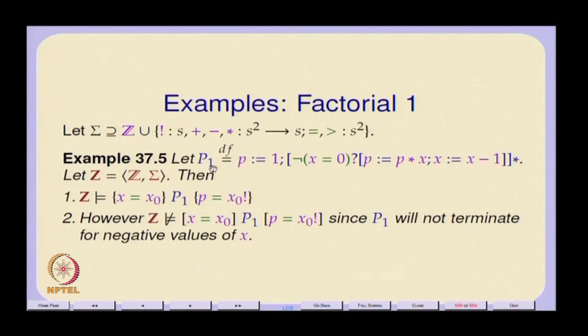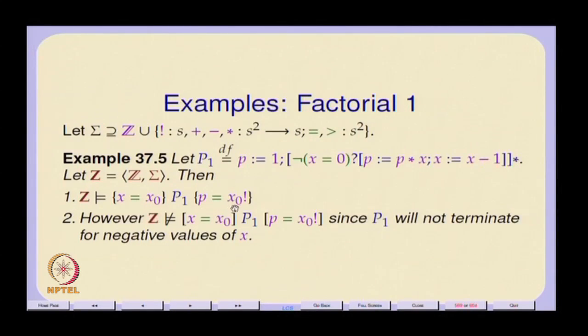Let's take this first program P1. P1 actually has this condition x is not equal to 0. Under this condition, x equals x0. Actually, this should be x equals x0 greater than or equal to 0.